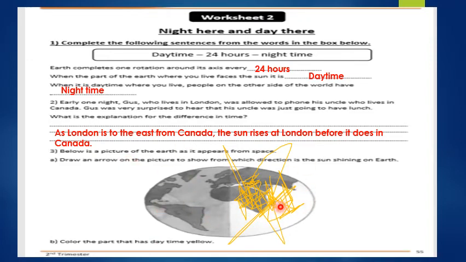Draw an arrow on the picture to show from which direction the sun is shining on the earth. So I think it's very obvious which part of the earth is shiny, this part. So this means that the sun should face this direction. Color the part that has daytime yellow. So I'm going to color it now.